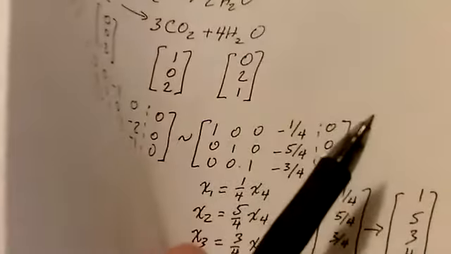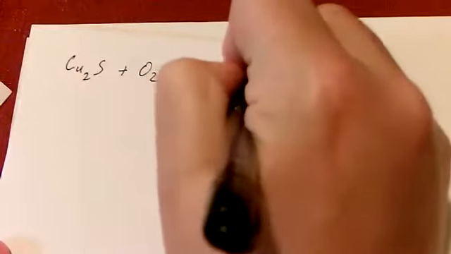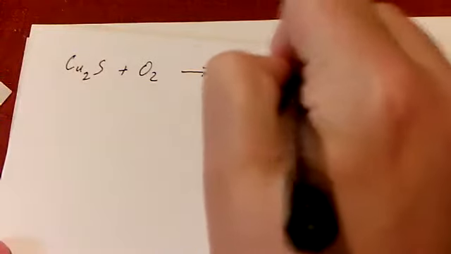Now I have one more to show you of this type before we talk about another thing, which is flow diagrams. This one is going to have Cu2S, that's copper, plus O2, and we want that to yield copper and sulfur dioxide.